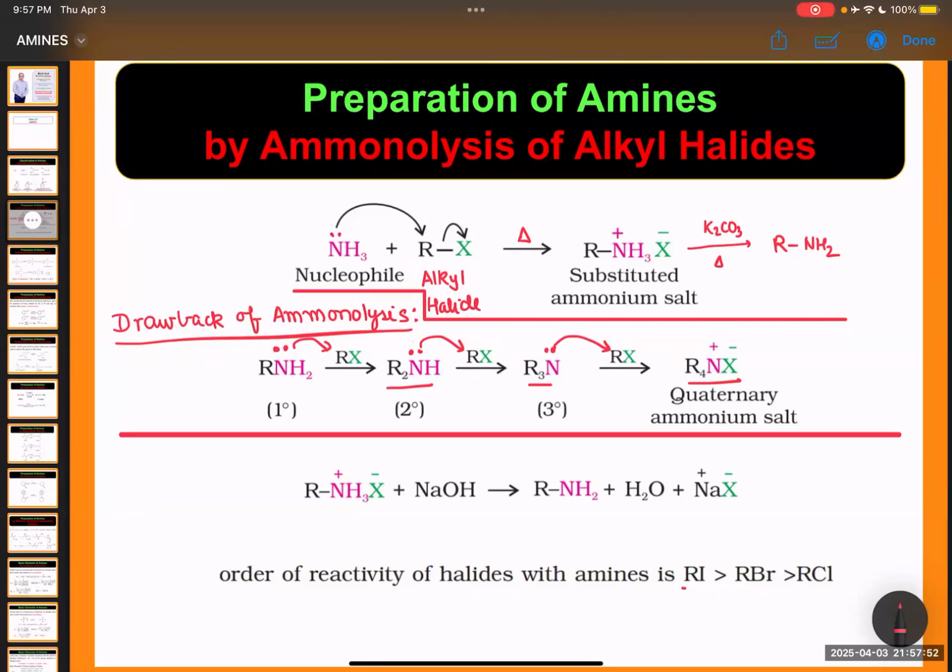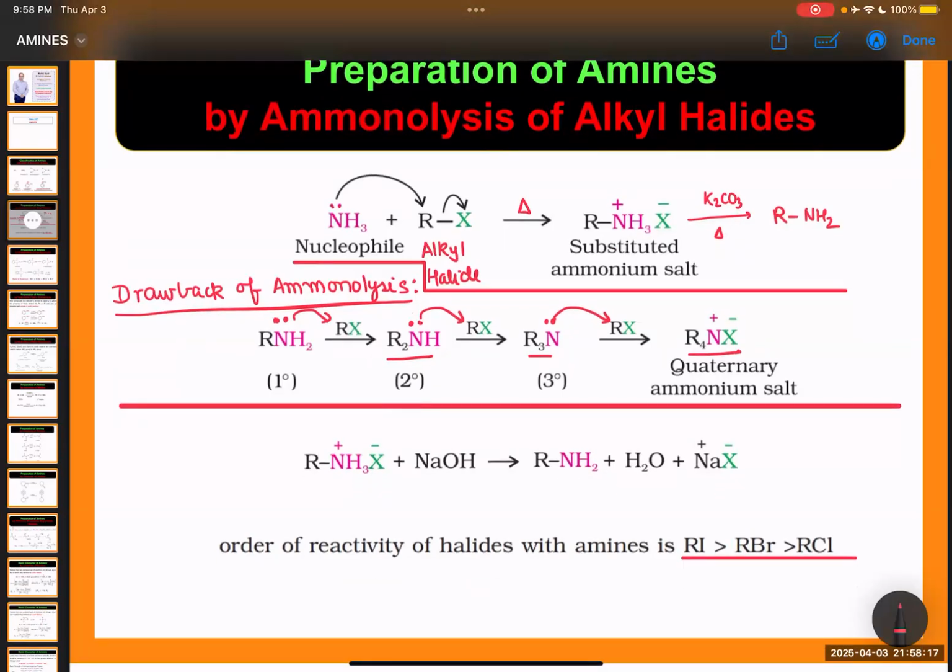Yes. Order of reactivity I already explained. The iodide can break apart most easily because it is a very large atom with a very weak bond. So alkyl iodides are going to be very reactive and fluorides are going to be least reactive. Okay.